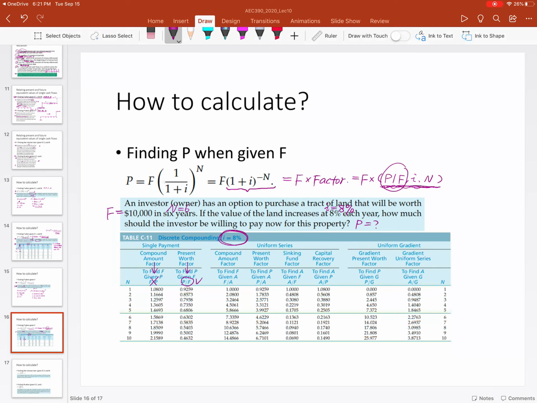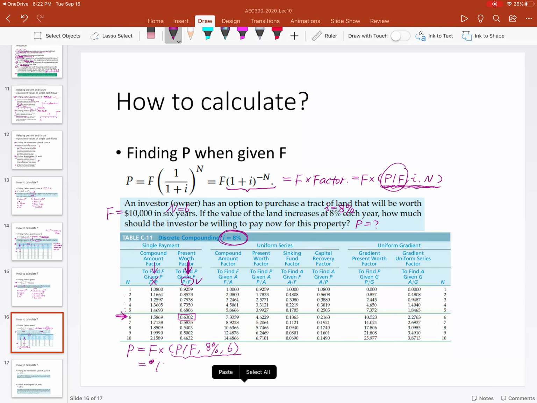Now you need to find out the row. And the row is determined by the number of periods. So the N is 6. So you find 1, 2, 3, 4, 5, 6. That's the row you look at. So now you look at this column and this row, that will give you this cell. So that's the factor of this problem. So you calculate this as P is F times the factor P given F for I equals 8%, N equals 6.